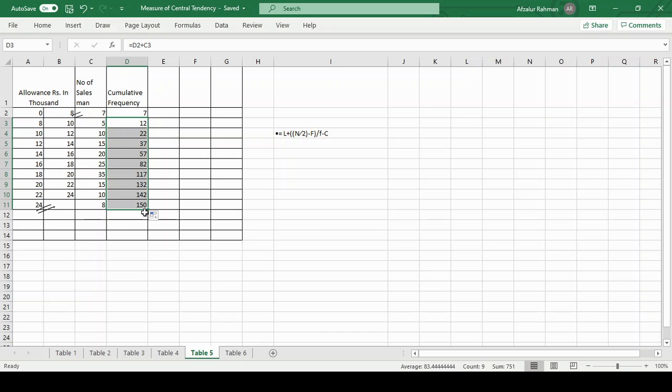So we calculated the cumulative frequency. You can check any one, like here: 20 plus 15 is 35, plus 10 is 45, plus 5 is 50, plus 7 is 57.